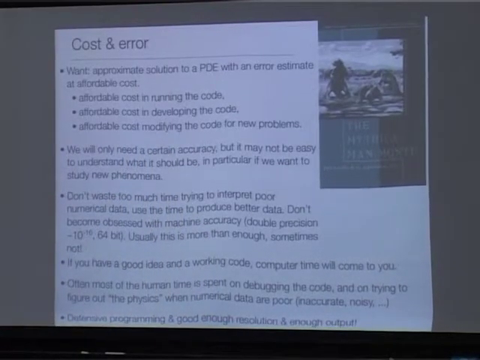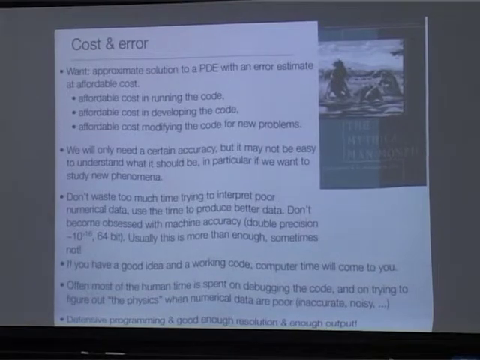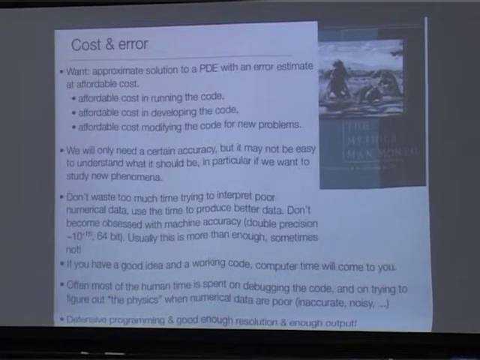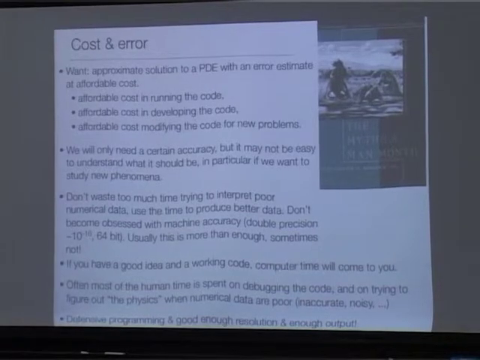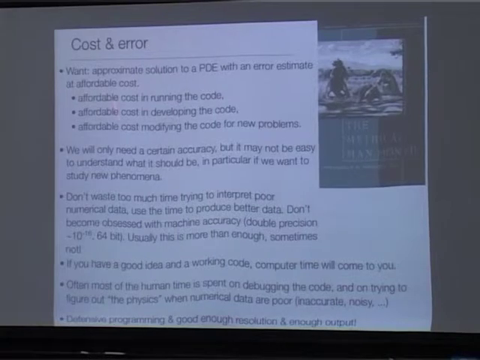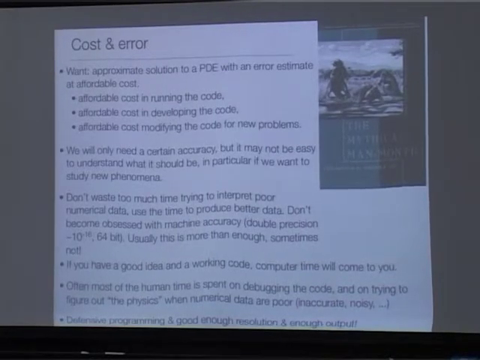So I wanted to display this slide, and I've said most of the things in my monologue before, but we want to approximate the solution to a PDE with an error estimate at some affordable cost, which means not just in running the code, but also in developing the code, in modifying the code to treat new problems, okay?